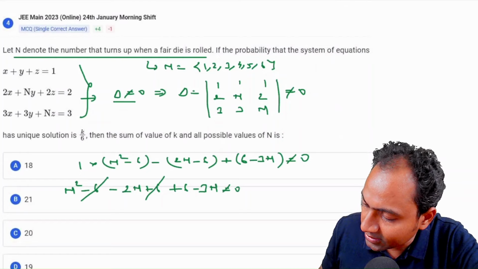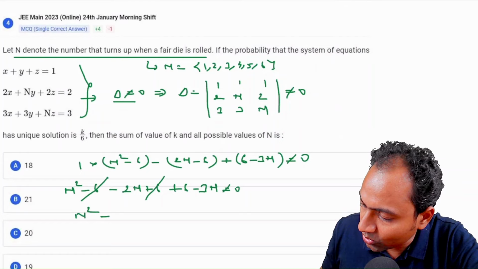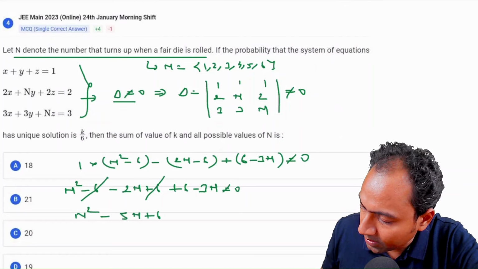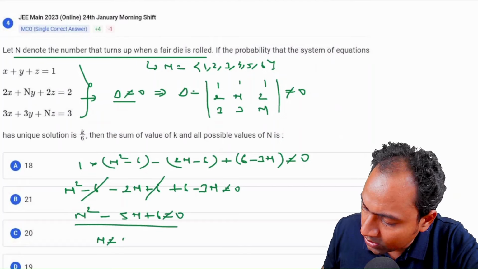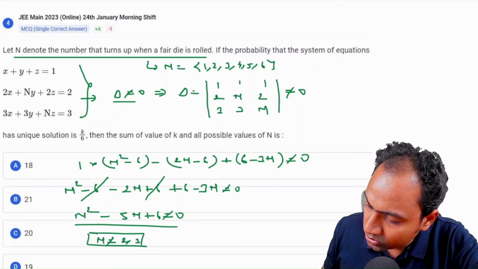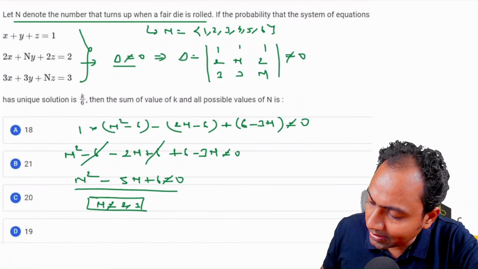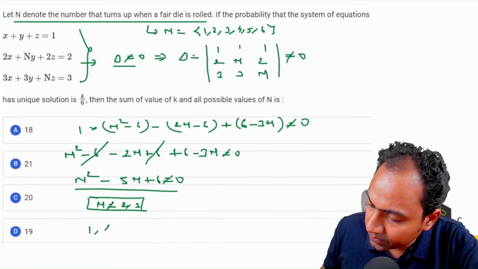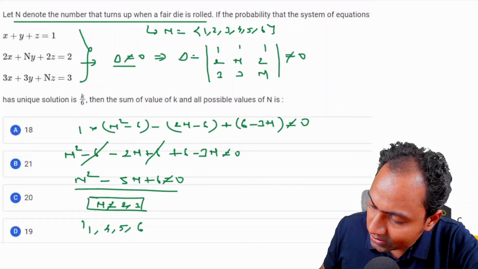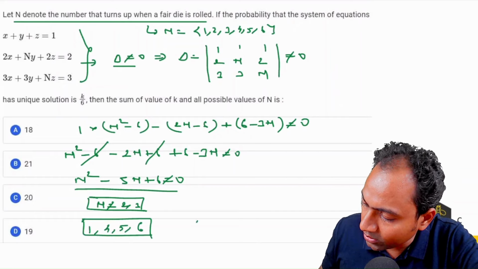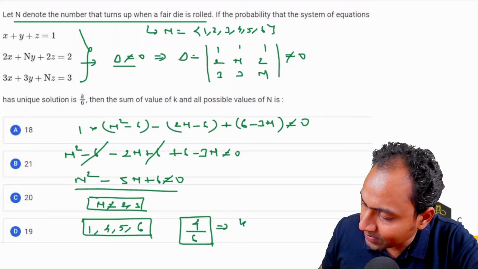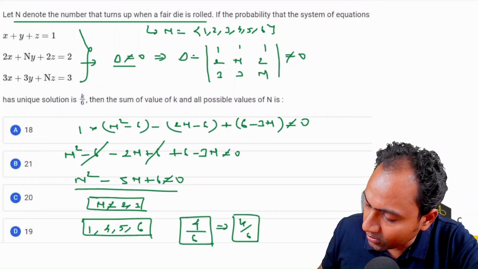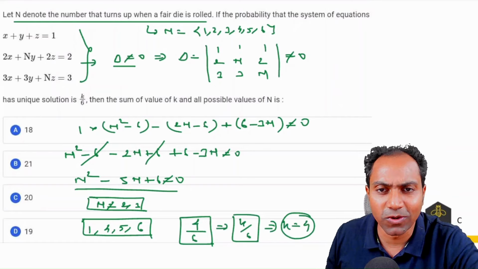This 6 will get cancelled out, and what we have is n square minus 5n plus 6 is not equal to 0, and that means n cannot take two values, that is 2 and 3. So a unique solution will come when n can take other values, that is 1, 4, 5 and 6. These four values are fine. So corresponding to that, the probability becomes 4 by 6. And if I compare this with k by 6, then you can see the value of k comes out to be 4.